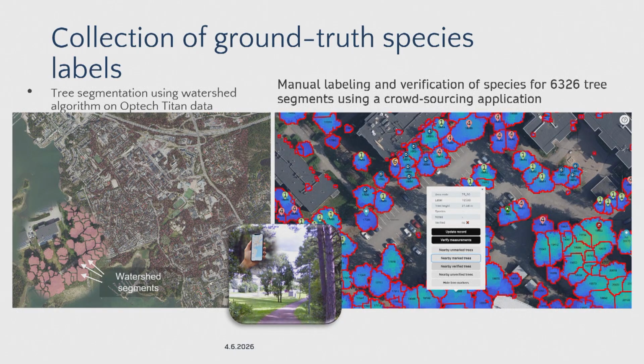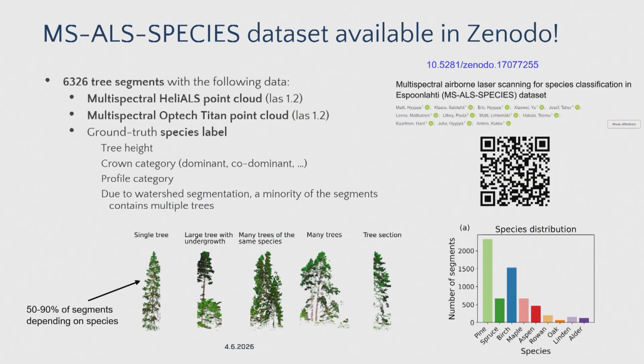Because there are still errors, we repeat it two times. And the last time was done by those who are really expert in that. In addition to these 6,000 trees, we had two different kinds of reference. We divided them by crown category, so the dominant, codominant, and suppressed trees, and then we have a profile category.